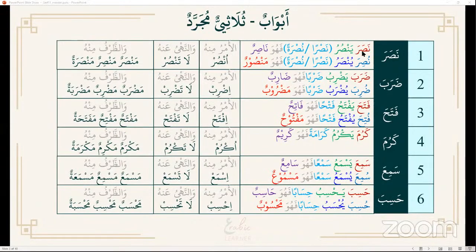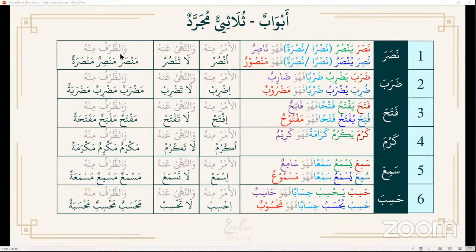Nasara yansuru nasran or nusratan fahuwa nasirun. Nusira yunsaru nasran or nusratan fahuwa mansurun. Al-amru minhu unsur, wal-nahyu anhu la tansur, wal-dharfu minhu mansarun, mansirun, mansaratun. I have given all of them because I want you to remember this, just for the sake of practice.